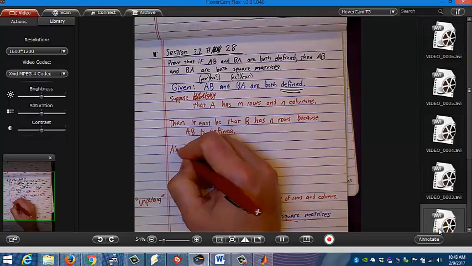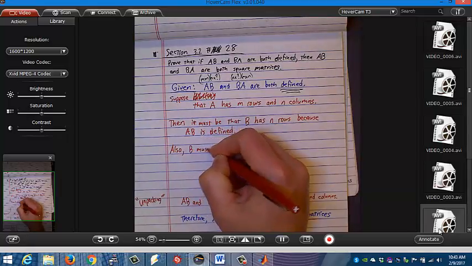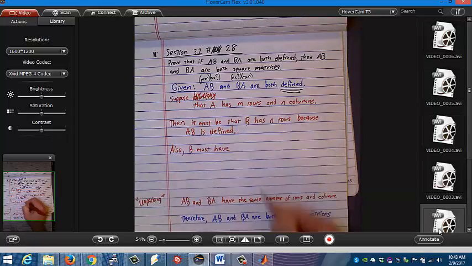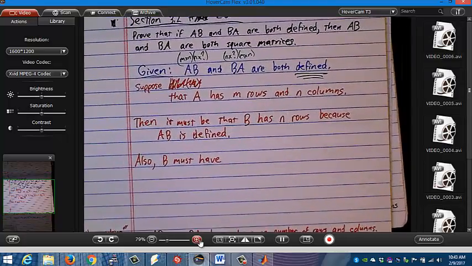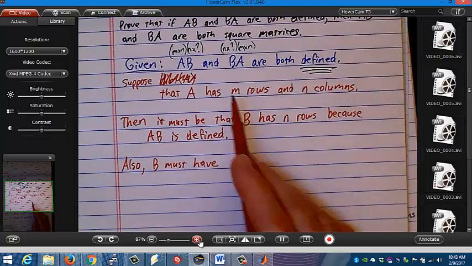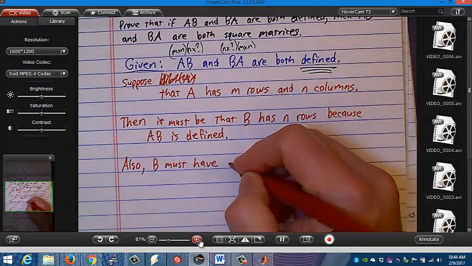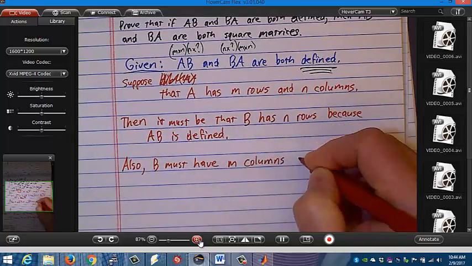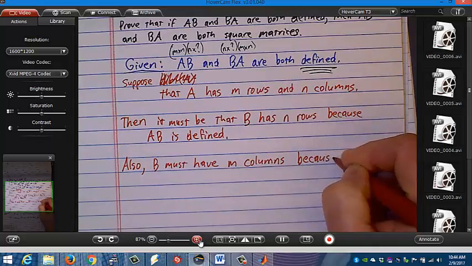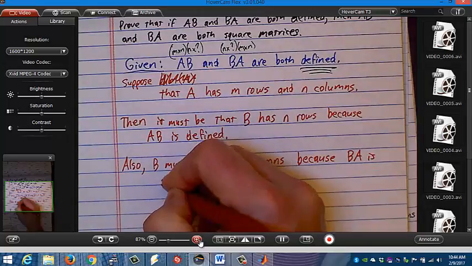So also, B must have what? Do you see it or no? Maybe no. Do you guys agree? That's the only way that BA would be defined, is if those inner numbers match. So B must have M columns because BA is defined.